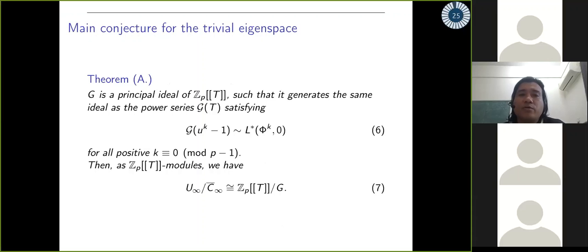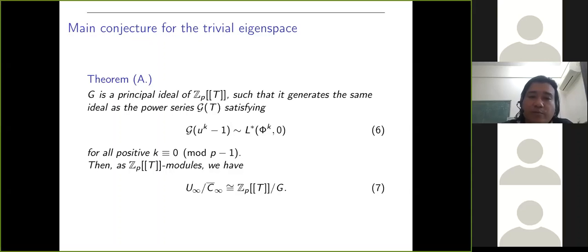Now, what can I say? If I go back and look at the power series which interpolates the special values of the L-functions, which was constructed by Yager and Katz, then by specializing, I can show that we do have an analog of the Coates and Wiles theorem for the trivial eigencomponent.